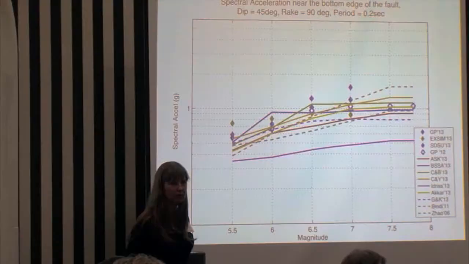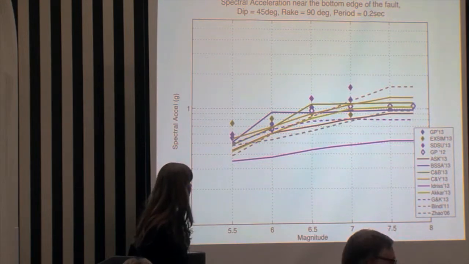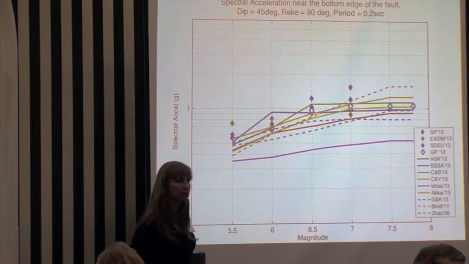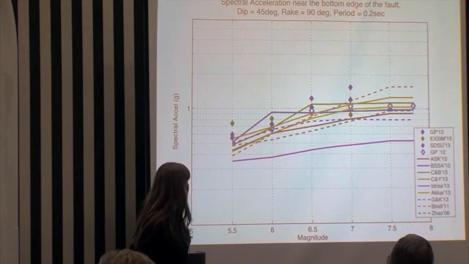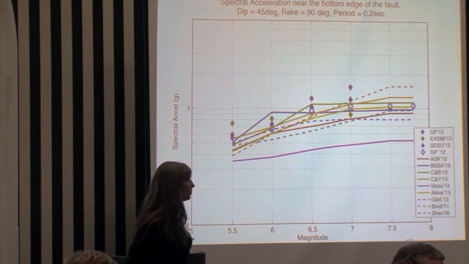Is there something, Kim, in your model that you think would be creating stronger high-frequency effects for the hanging wall, for larger magnitudes? Because it looks really consistent in the 5.5 to 6.5, and then it's kind of still going up a little bit.